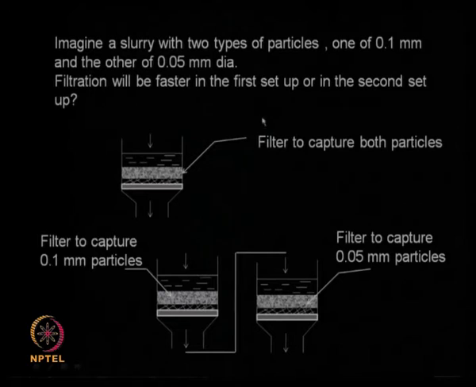Now two systems are there. Will the filtration be faster in this or will the filtration be faster in this? Here we have only one filtration setup capturing both 0.1 mm and 0.05 mm, whereas here we have a coarse filter which captures 0.1 mm and then a fine filter which captures the remaining 0.05 mm.